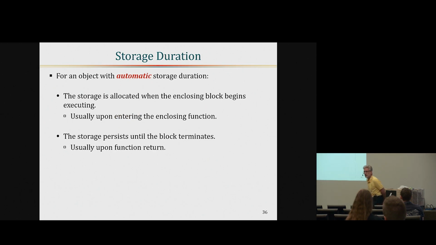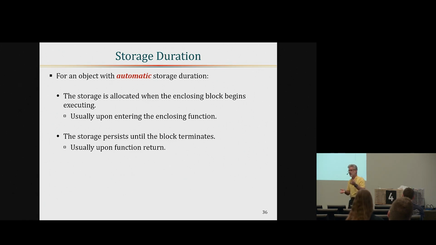Automatic. This is the stuff that's typically local to a block, right? Inside a curly bracketed function body or a block nested therein. And the storage is allocated when the block begins. Now, just a brief aside: functions can have blocks within them, and there can be declarations within those curly bracketed bodies.